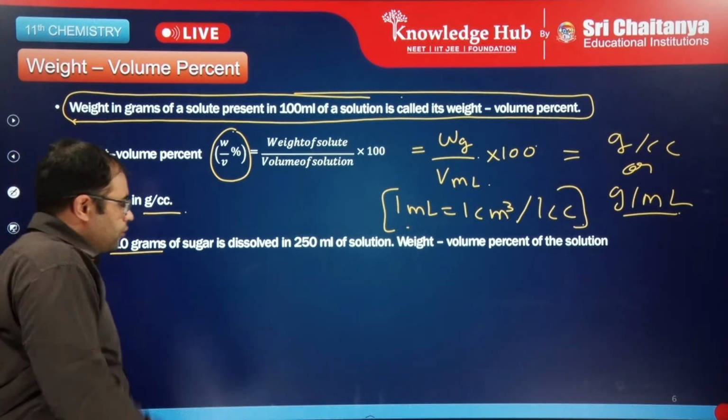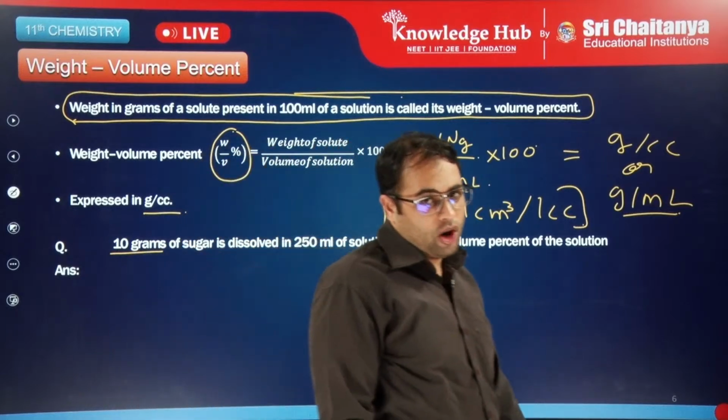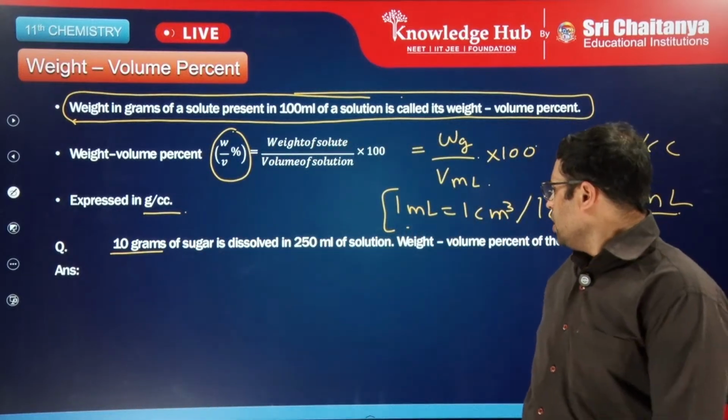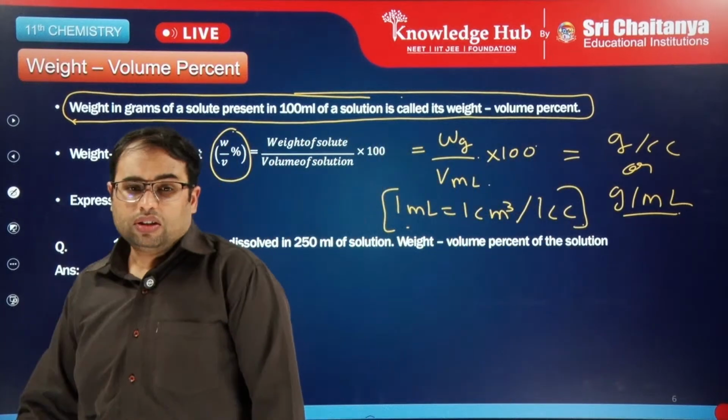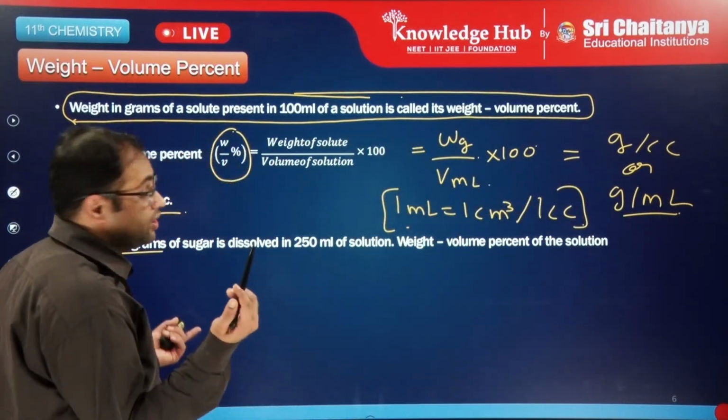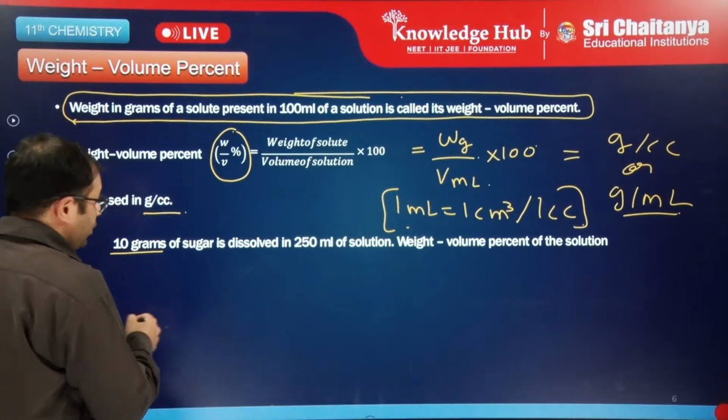So now, 10 grams of sugar is dissolved in 250 ml of solution. Find the weight volume percentage of the solution. See, this is very easy. So even then I have to do it, so I'll do it.